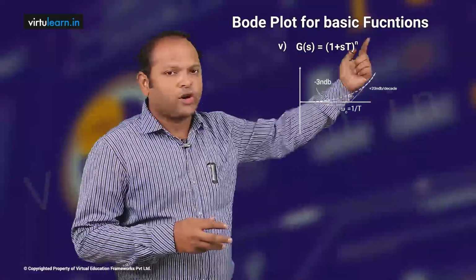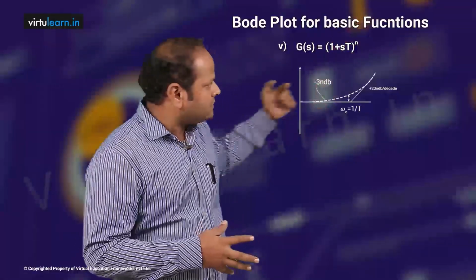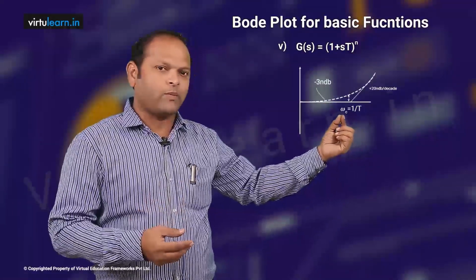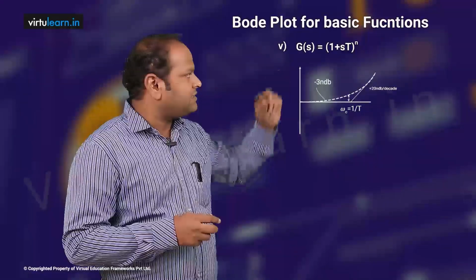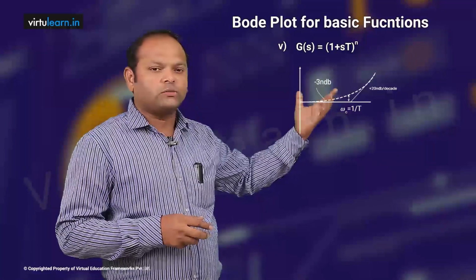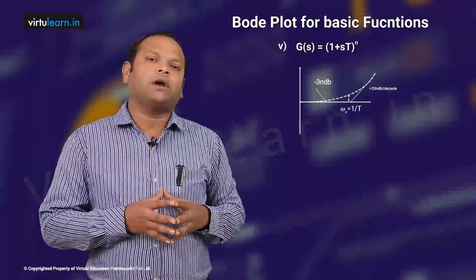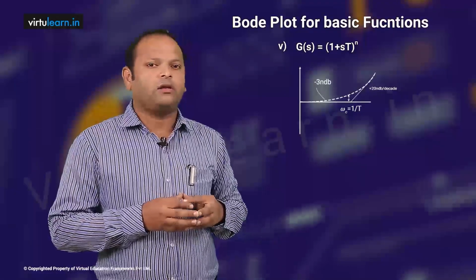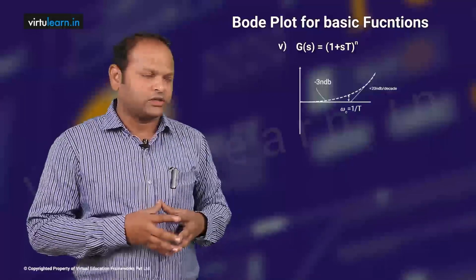As I said, this is the approximate or asymptotic plot, and the exact one follows like this, and at omega c we have the maximum error. That error is plus 3n dB whenever you have finite zero terms, and similarly minus 3n dB error whenever you have finite poles in the transfer function.